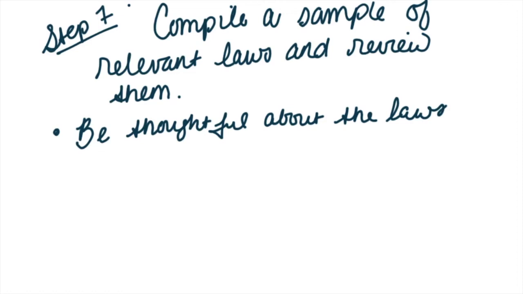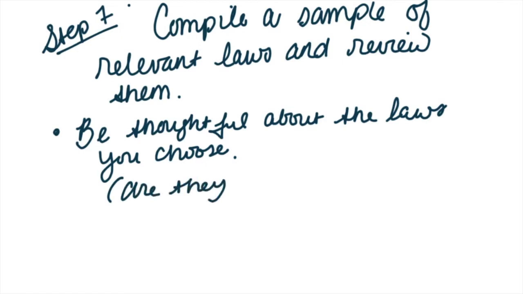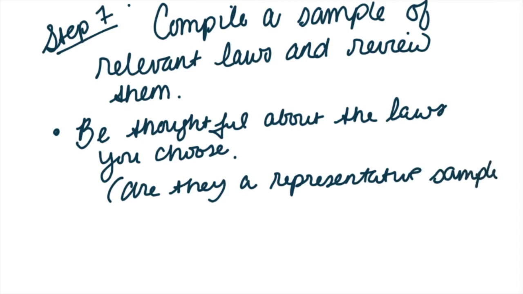And so if you do a better job at selecting the laws in your sample, then your codebook will be more accurate. You will need to revisit and revise it less. And we'll talk about that in just a minute. So think about whether or not they're representative of the types of laws that you are going to be studying in your study.